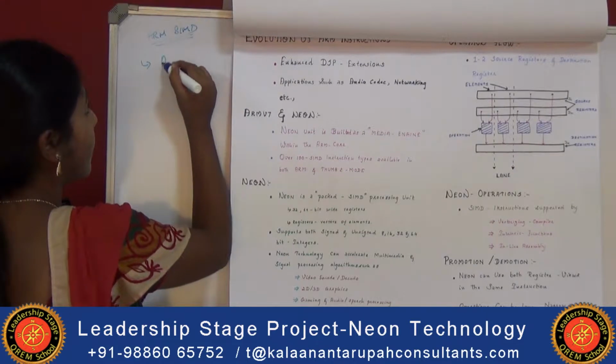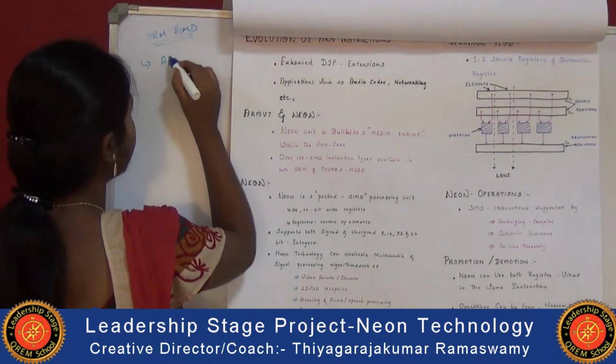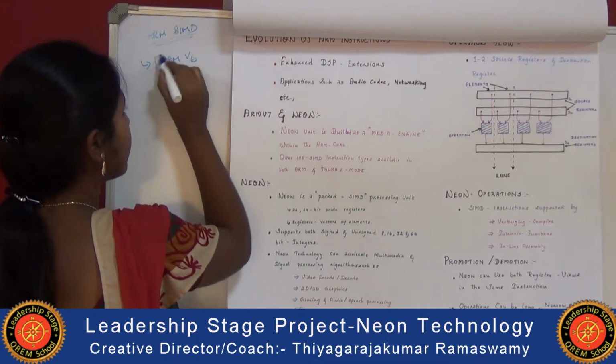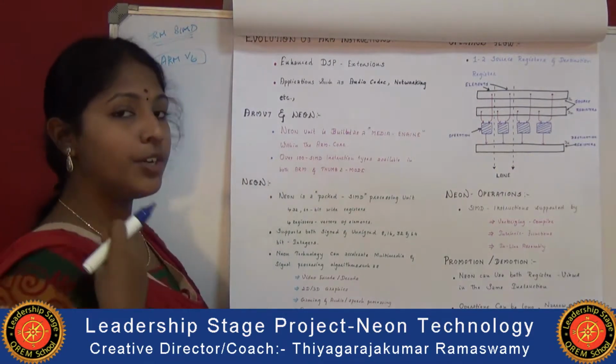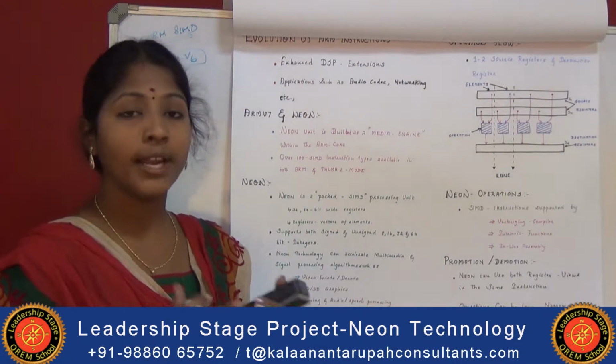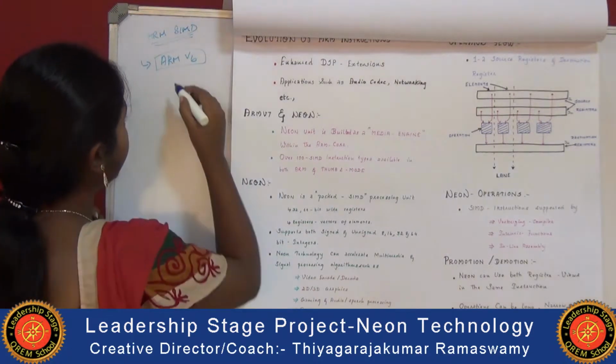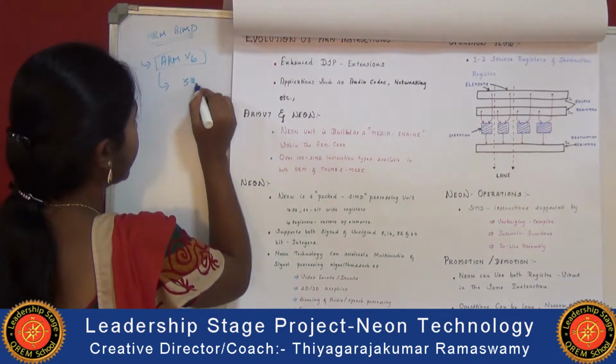So first, ARM version 5 introduced the enhanced DSP extension, and ARM version 6 introduced a small set of SIMD instructions. It can perform 16 or 8-bit operations packed into a 32-bit general purpose register.